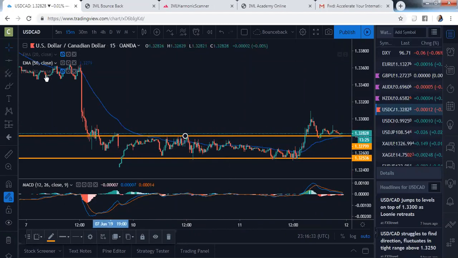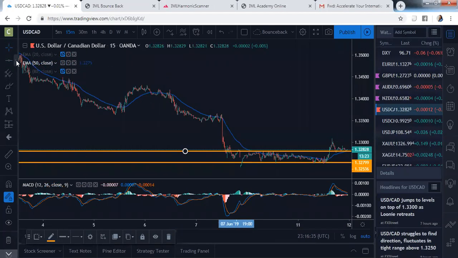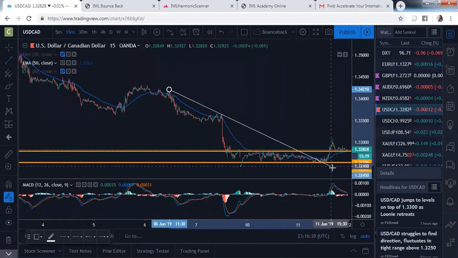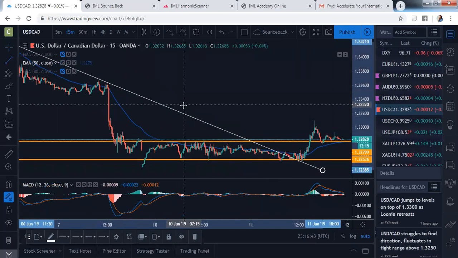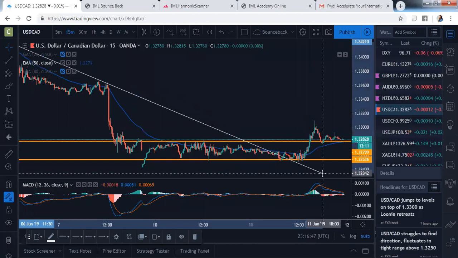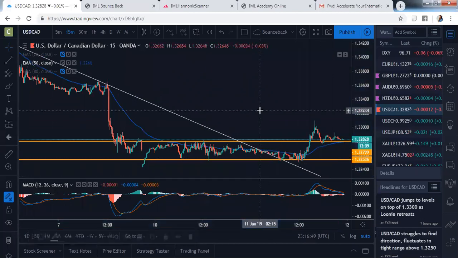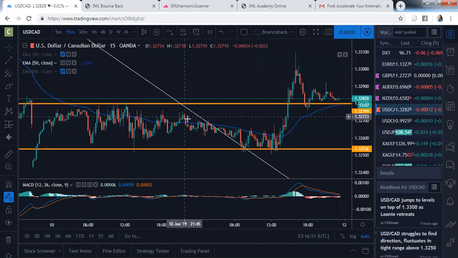So as much as my trend line was drawn from here down to here, this was where my trend line was. As much as my trend line was drawn here, you could see that I actually broke my trend line, but it is actually still within this range.